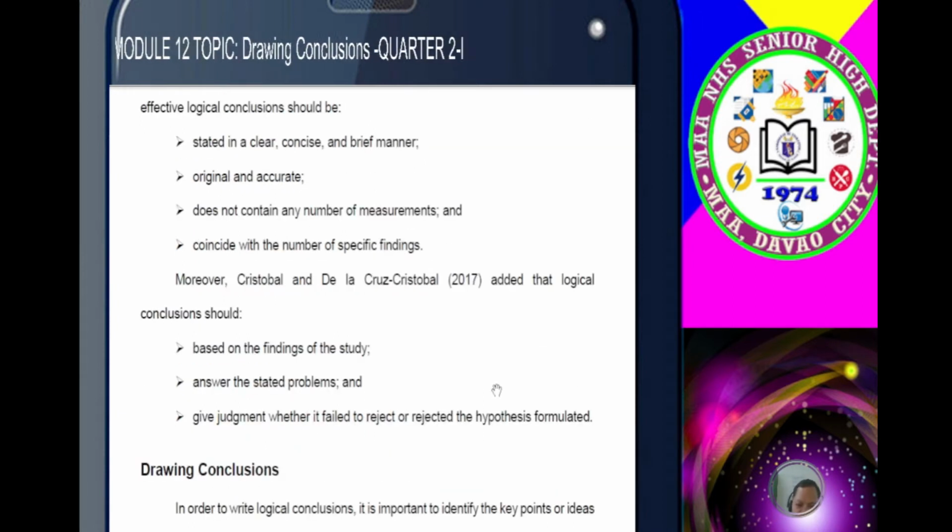Then answer the stated problems and give judgment whether to fail or to reject the hypothesis formulated. In your findings, you will write if there's a significant difference or relationship or not. That's why you will have that in your conclusion also.